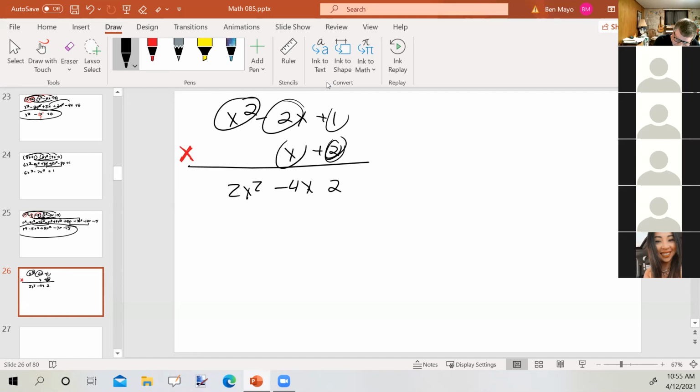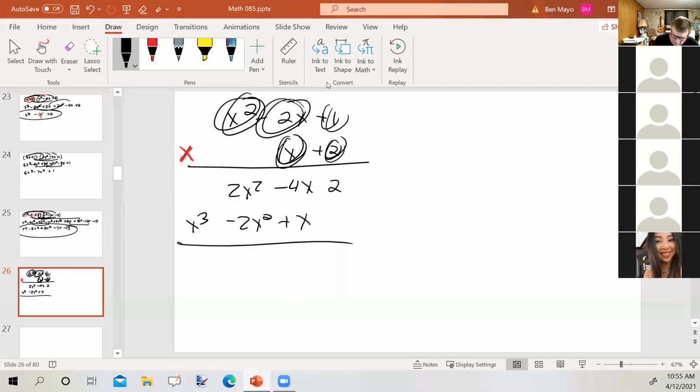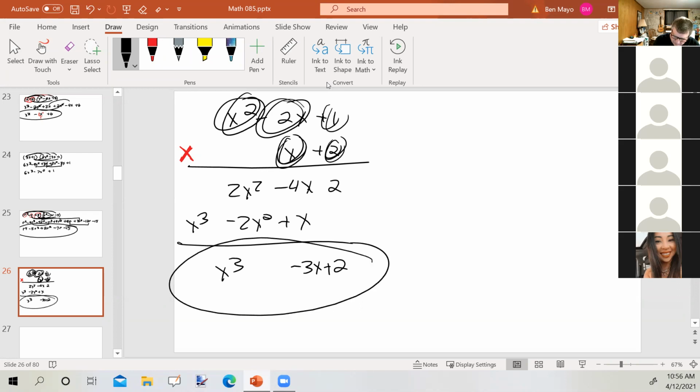Okay, x times 1 would be x, x times minus 2x would be minus 2x squared, and x times x squared is x cubed. Then adding up the result, 2 minus 3x, we've got to have a plus there, and then x cubed.